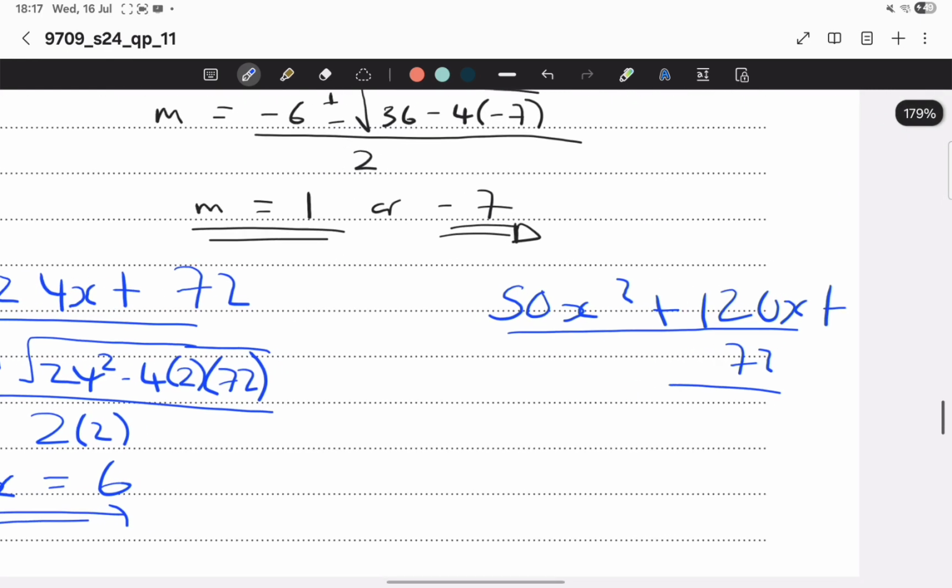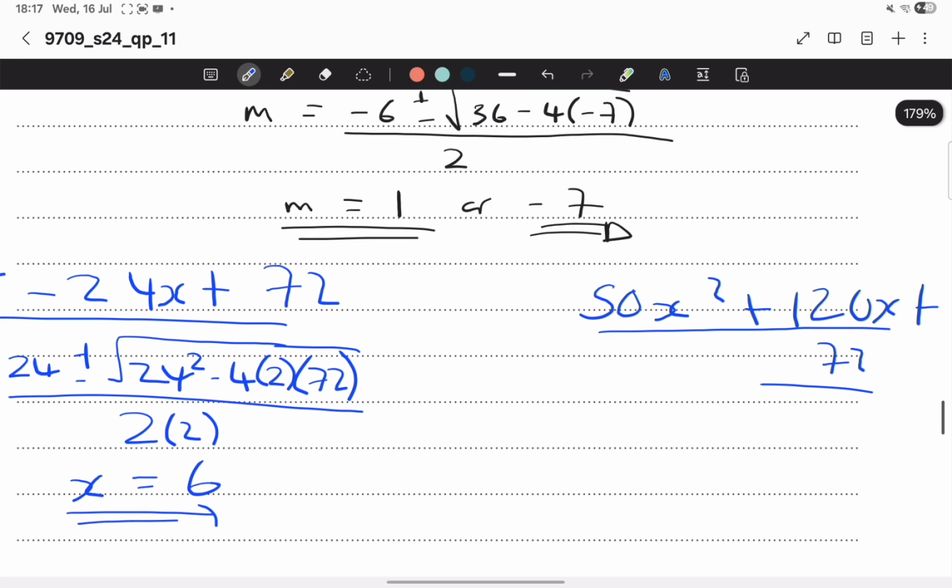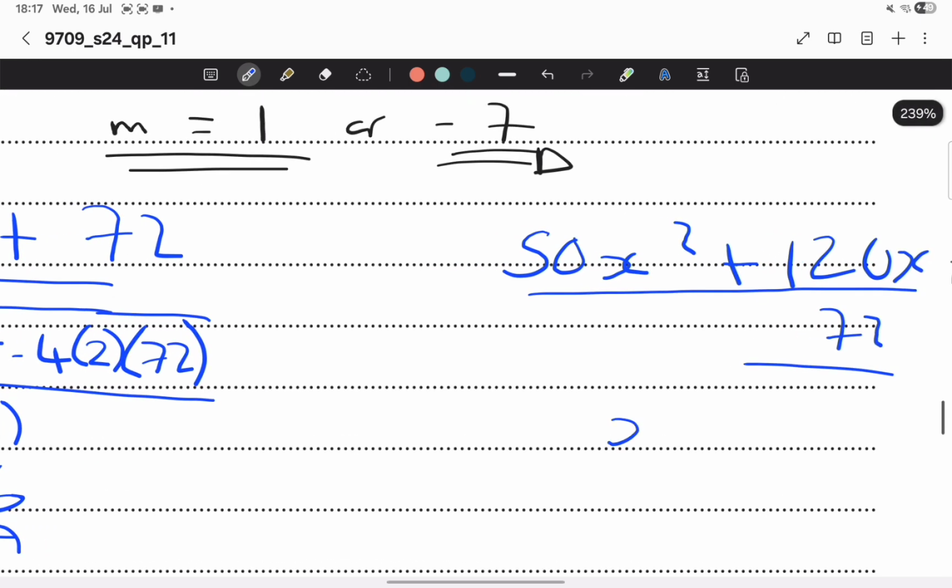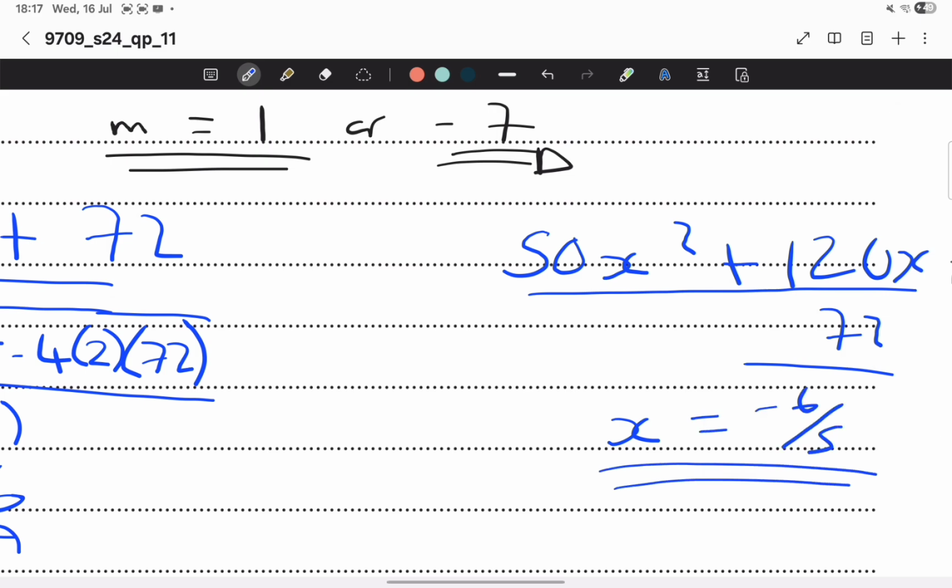If we do the same here, that's −120 ± √(120² − 4 × 50 × 72) over 2 times 50, which is 100, we get x as −6/5.